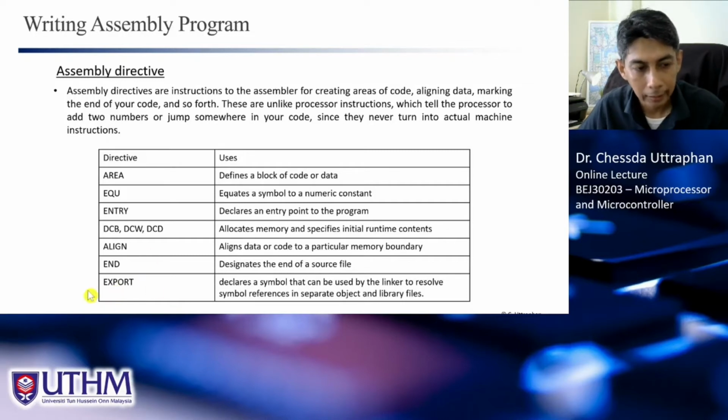EXPORT declares a symbol that can be used by a linker. This is for the linker, to resolve symbol references in separate objects and library files. So if you have many libraries, normally we use EXPORT to reserve the symbol.